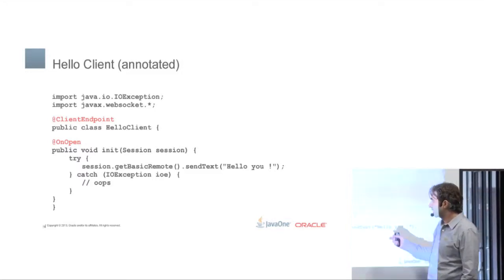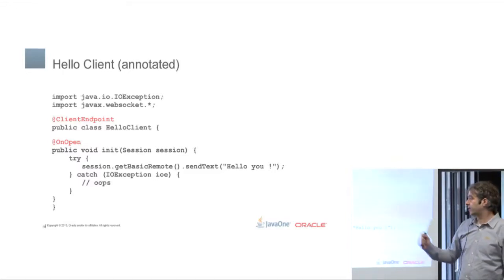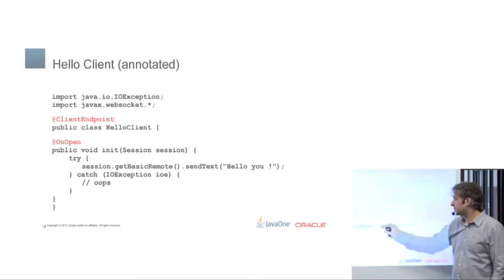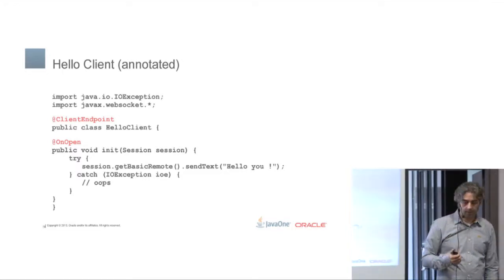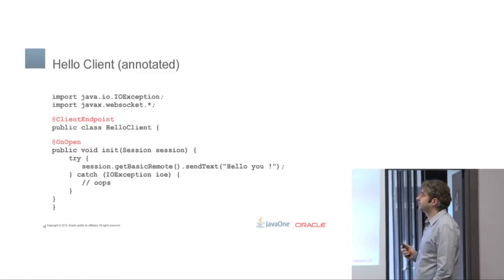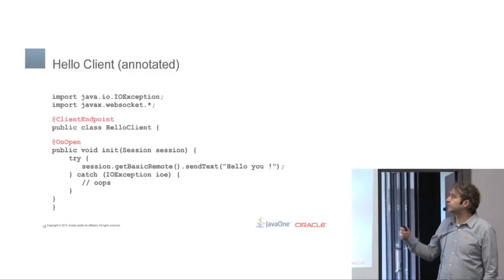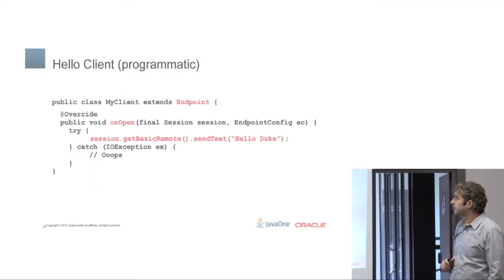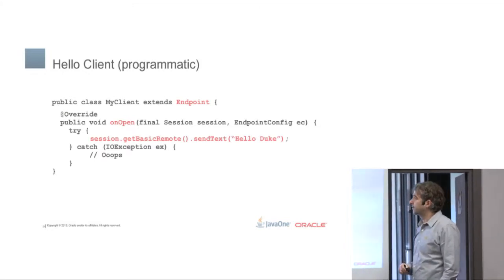Whenever there is a new connection, I take the remote endpoint through the session object, and I just send the text hello you. And that's all I'm doing. Now, if you run that code as it is, it won't work, because we are not in the container. So we need to bootstrap that. The bootstrapping code will come later on.